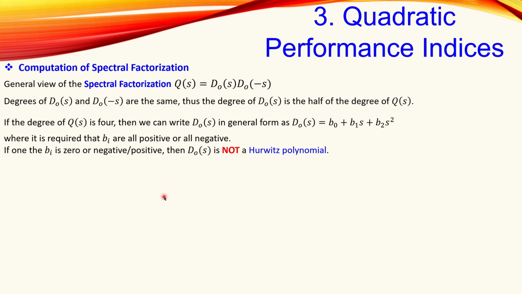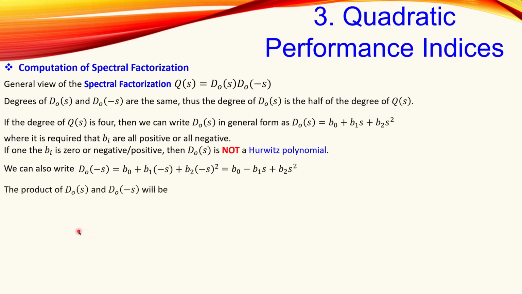So that is also one of the conditions to make this Hurwitz. Now then we can write also for D0 of minus s the following, and then also simplify that in this format. Now the product of the Hurwitz polynomial with s and the Hurwitz polynomial with minus s will be then this.